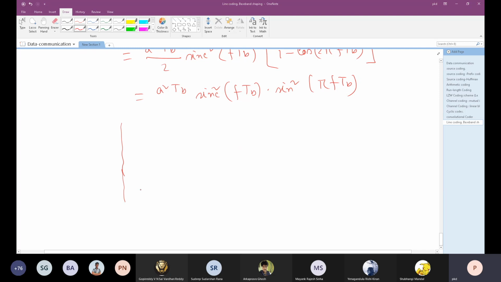So now if we plot it, we can plot it in normalized frequency. We are normalized with Rb. So we plot with respect to f Tb, and we are plotting only one half of the spectrum, the other half is of course there.